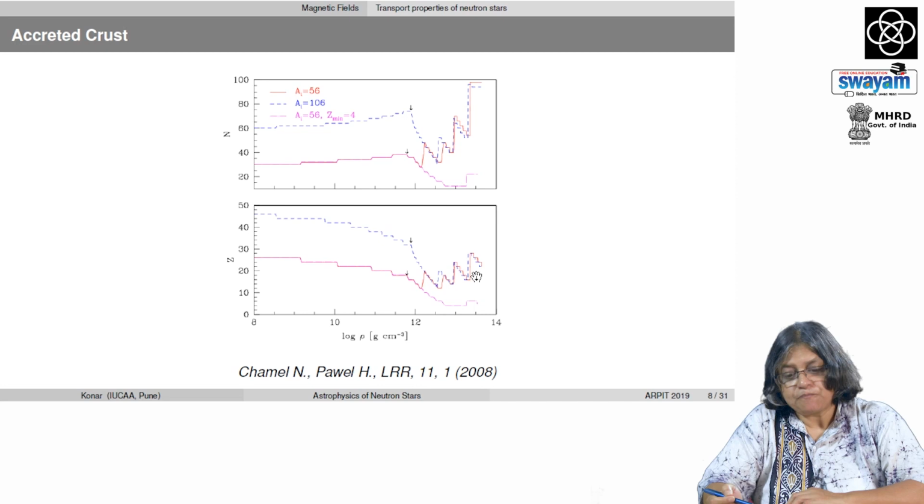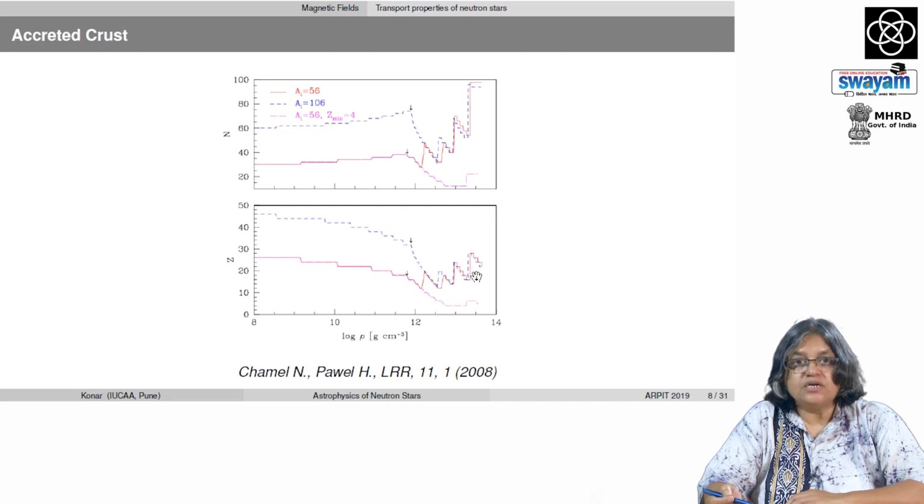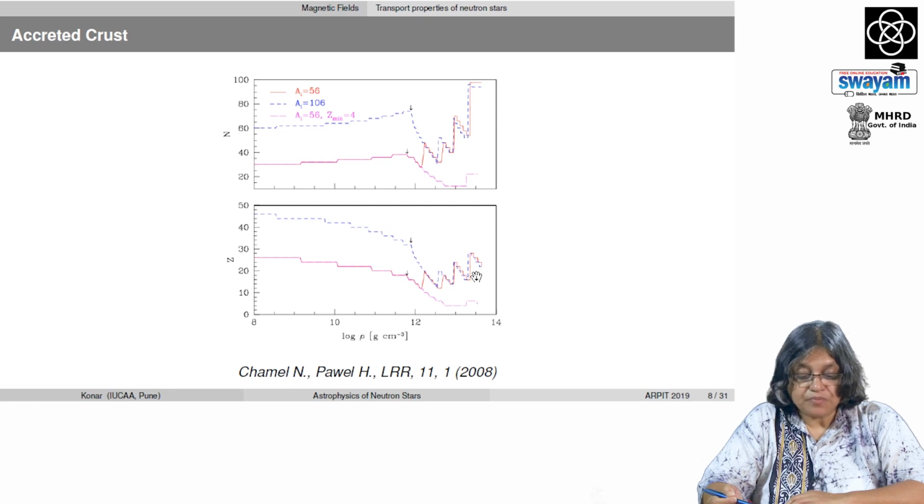These different colors are for different values of the atomic mass number, as has been shown here, and one can see that this is very different from a neutron star in which you would expect beta catalyzed matter.